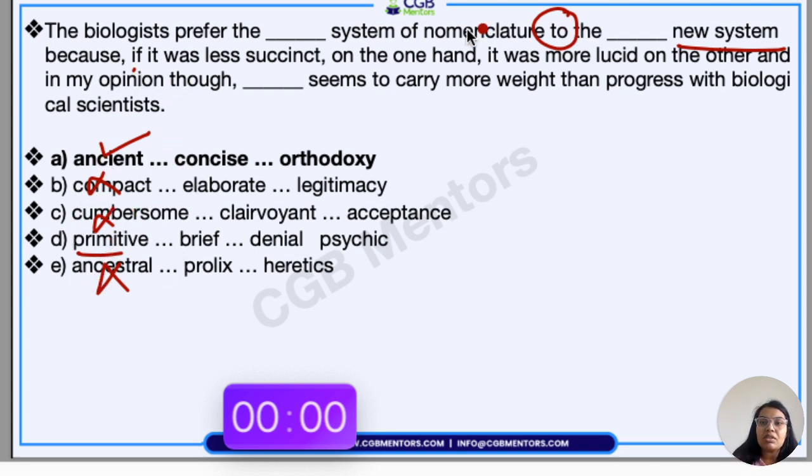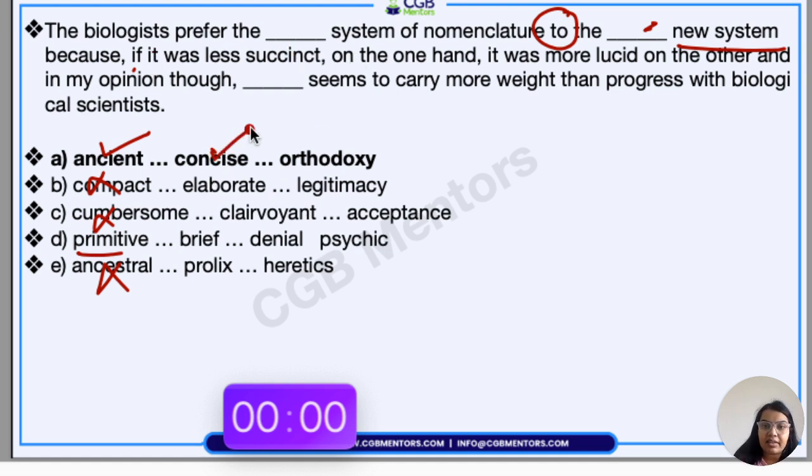Then it was this system to the dash new system. How is the new system? Because if it was less succinct on the one hand, it was more lucid on the other. So the opposite of that is the new system. It is concise. The other one is less succinct.